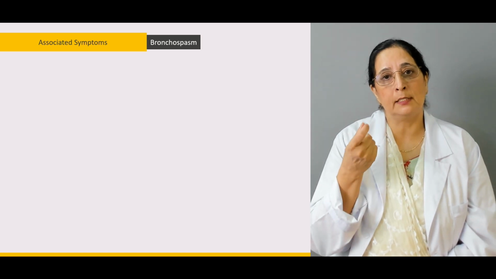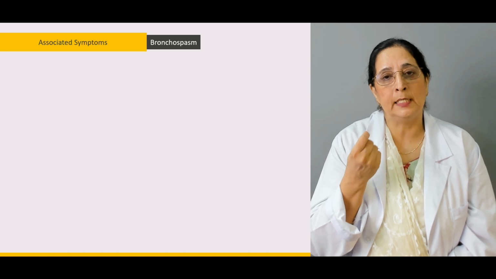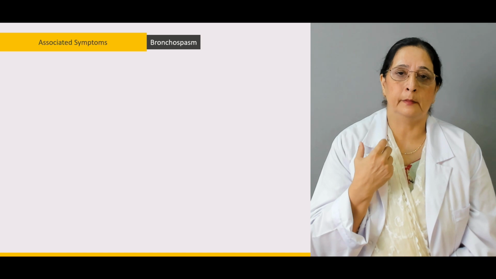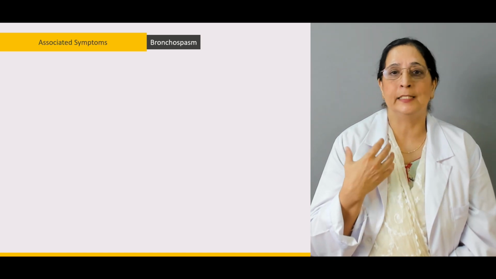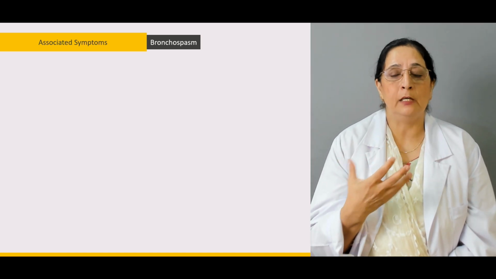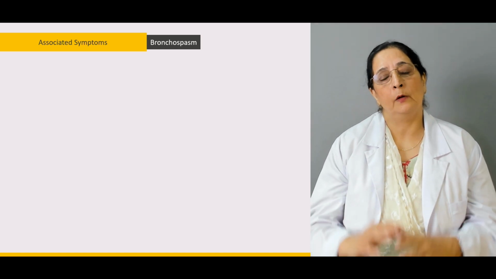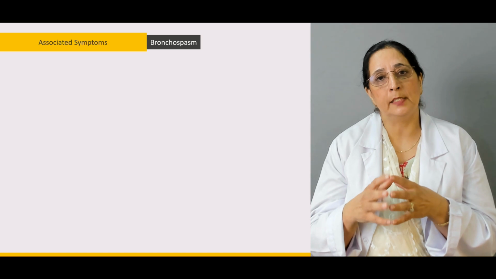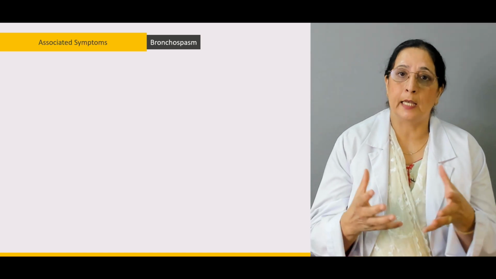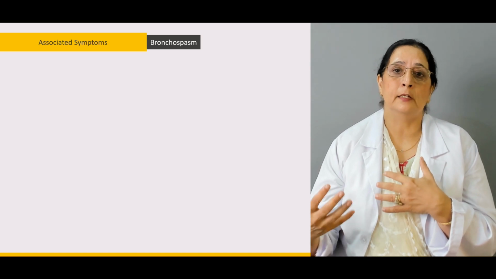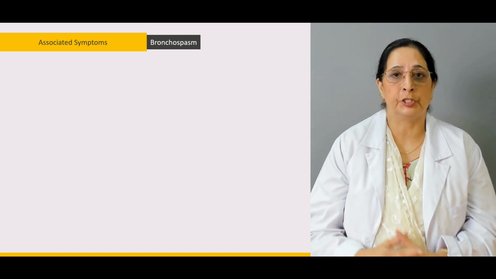If there is spasm or narrowing of these bronchioles, then there is shortness of breath, dyspnea, and wheezing. All these features can occur, and this is very characteristic of asthma, which itself usually occurs as a result of allergic reaction.